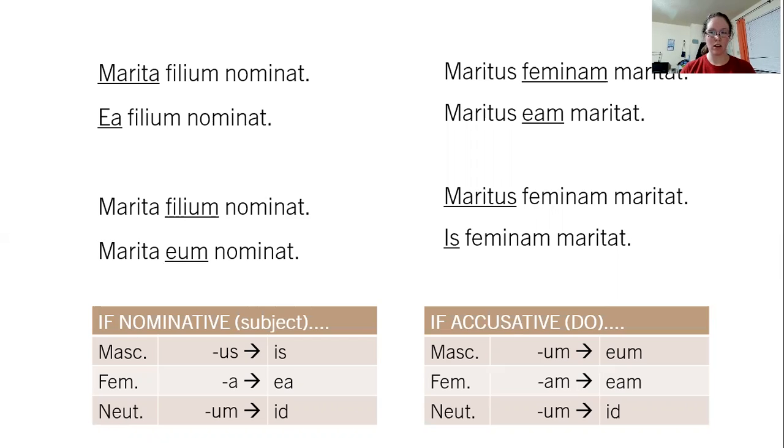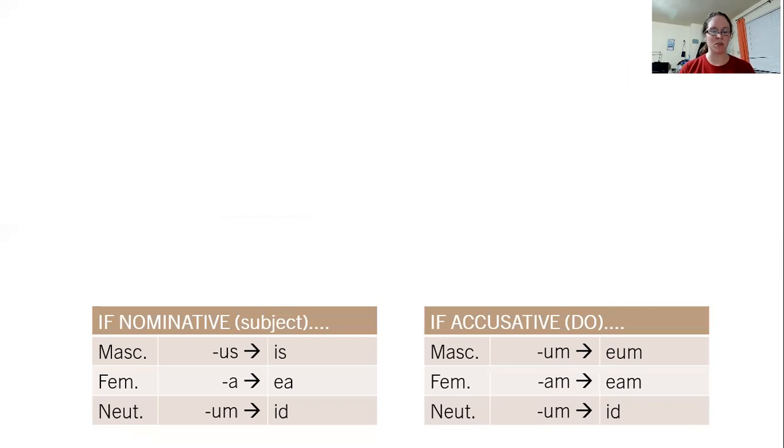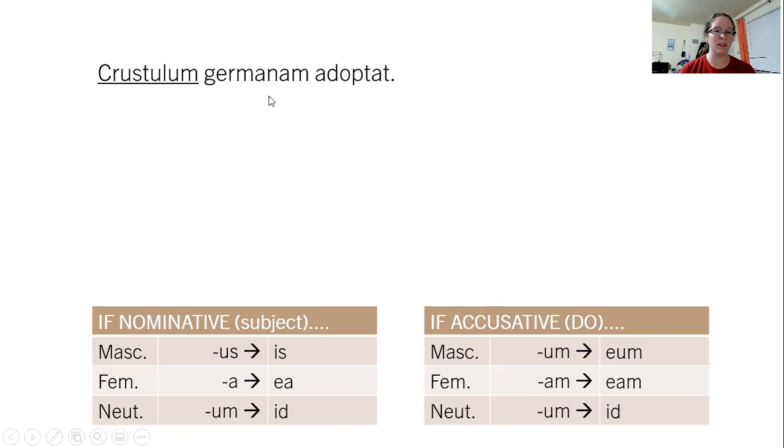Simple as that. Okay, let's talk about some of this neuter confusingness with the neuter also being masculine. The good news is if you know it's neuter, it doesn't matter which case it's in, it's id both times. The trick is just to know if it's masculine or neuter. Crustulum Germanam adoptat. I will tell you right off, this is definitely a cheat.